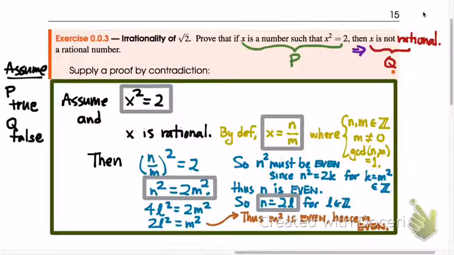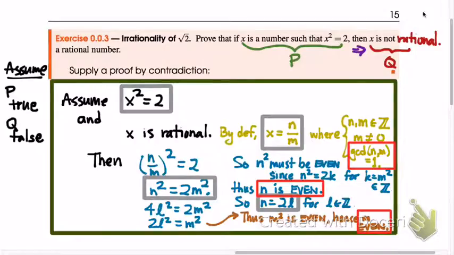So, we have shown, I'm going to try to highlight these as best I can, that assuming p to be true and q to be false forces both n and m to be even, but that's a problem because n and m are supposed not to have any common factors besides 1, right?